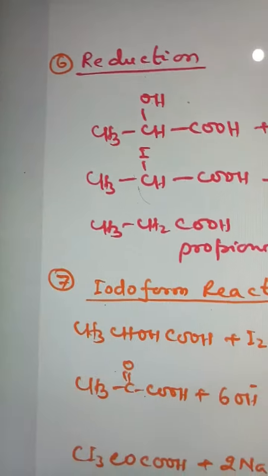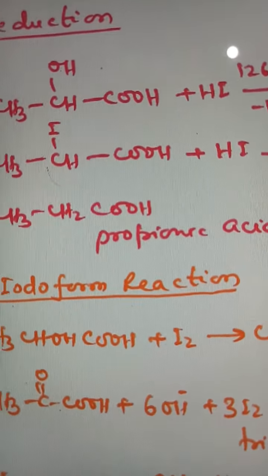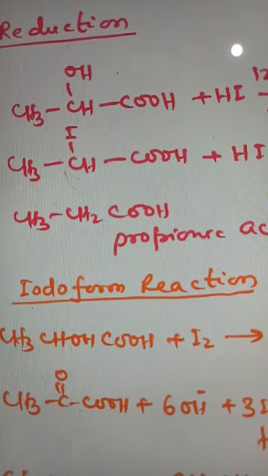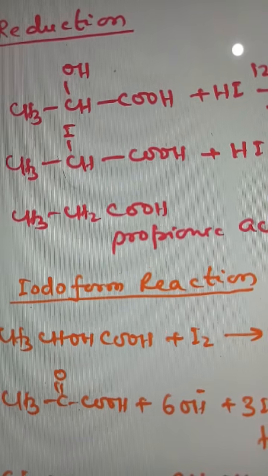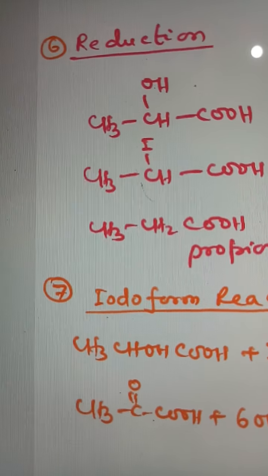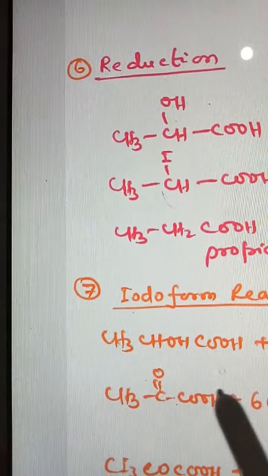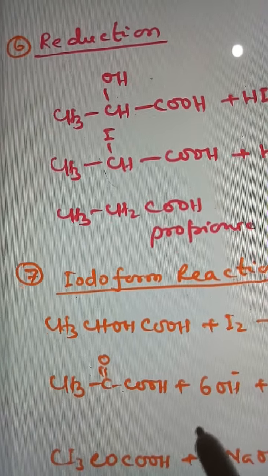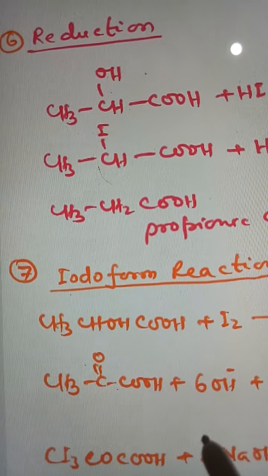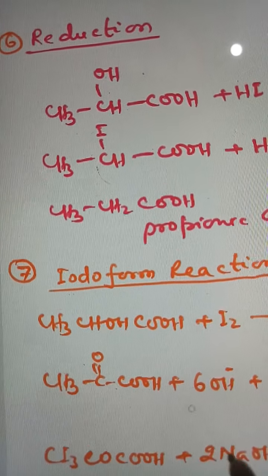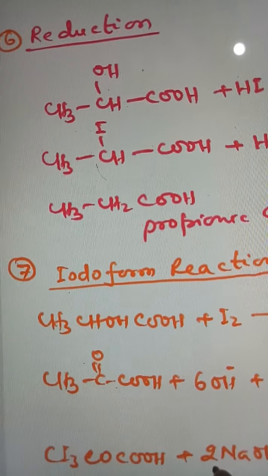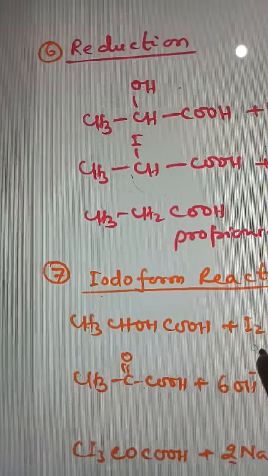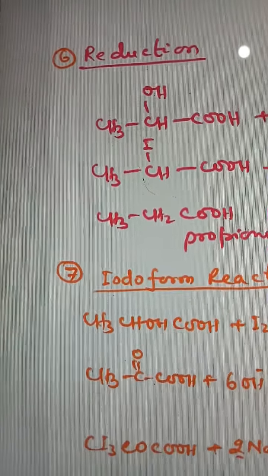Now come to the final reaction, the iodoform reaction. Organic compounds containing the group CH3CHOH give it. You see here, CH3CHOH is present in lactic acid. So lactic acid also forms iodoform when heated with iodine and alkali. In the first step, lactic acid with I2 gives pyruvic acid.